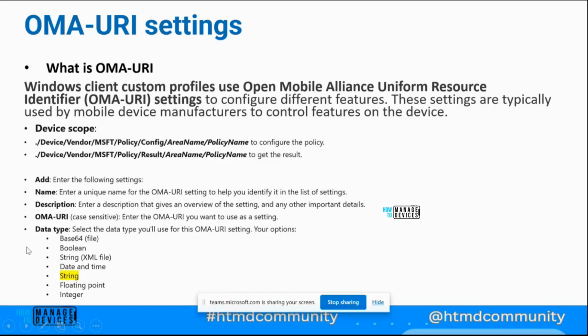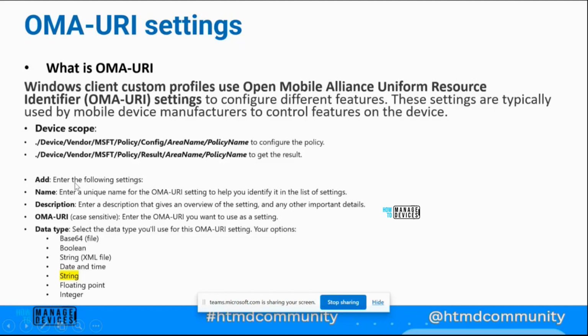So as I already mentioned, this is the device scope we are going to use, and there should be one user group also. Since we are using device scope, I only mention device scope in this slide, and this is the example for that device scope.